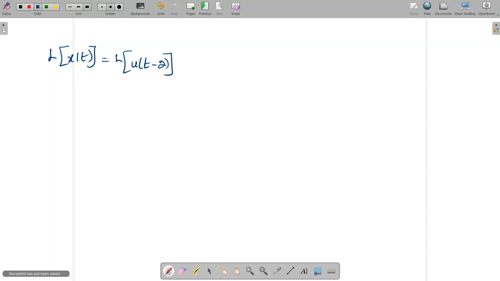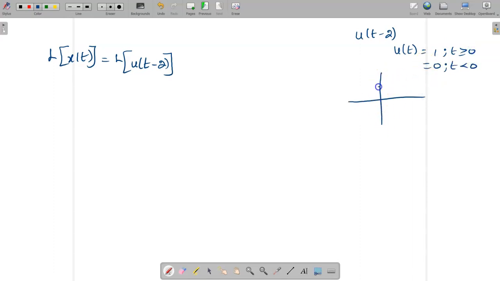So before applying the Laplace transformation, again we need to know what is u of t minus 2. So we know that u of t is equal to 1 for t greater than or equal to 0 and 0 for t less than 0, and this is the plot for u of t. So using this plot we need to find out what is u of t minus 2. It is a time shifting operation.